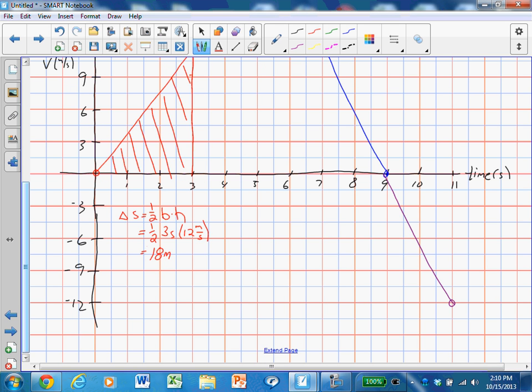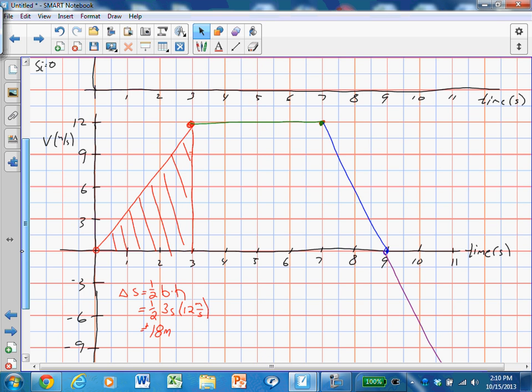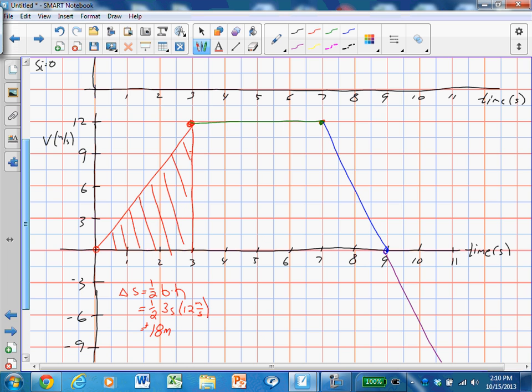Okay? So in the next zone, I'm going to change more than that 18. I have a positive again. So in the green zone here, it's that area. And that will be delta S equals base times height, since it's a rectangle, and that would be 1, 2, 3, 4 seconds, with a height of 12 meters per second, which would be 48 meters.